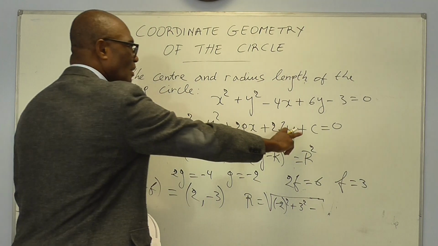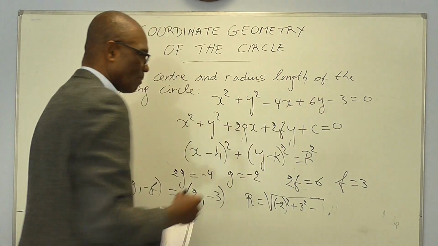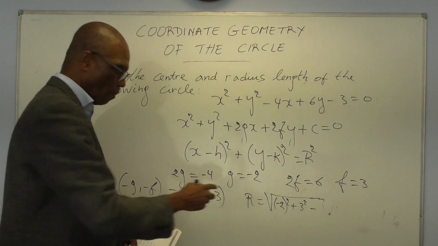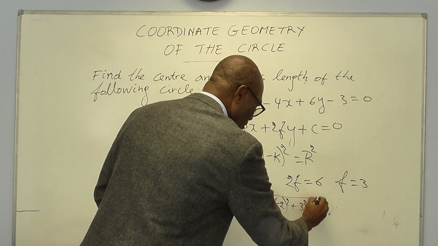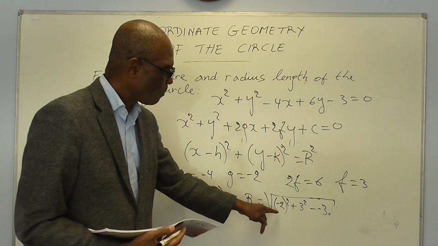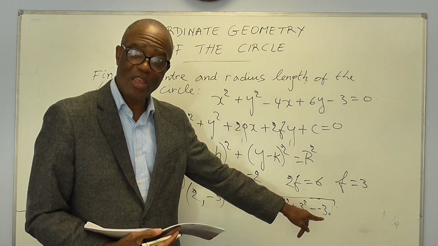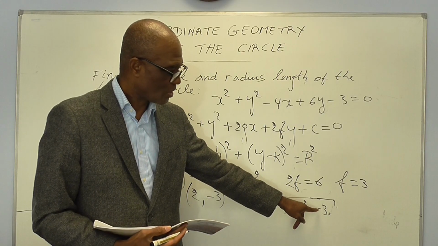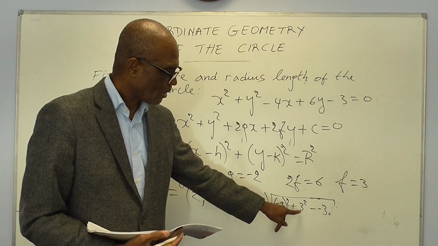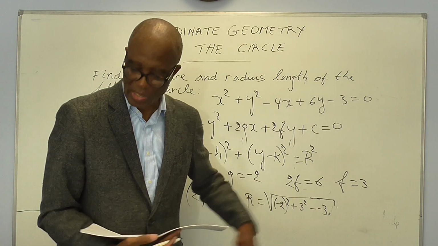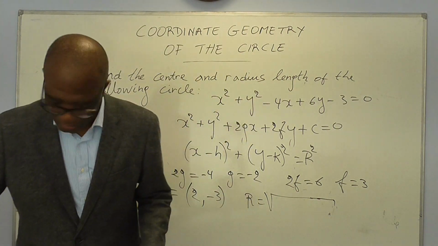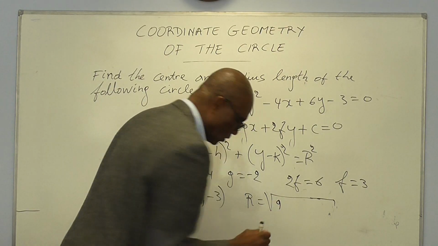We see c is minus 3, so we write minus, minus 3. So this gives 4 plus 9, minus we give plus, so plus 3. We get 4, 9 plus 3. Oh, sorry.